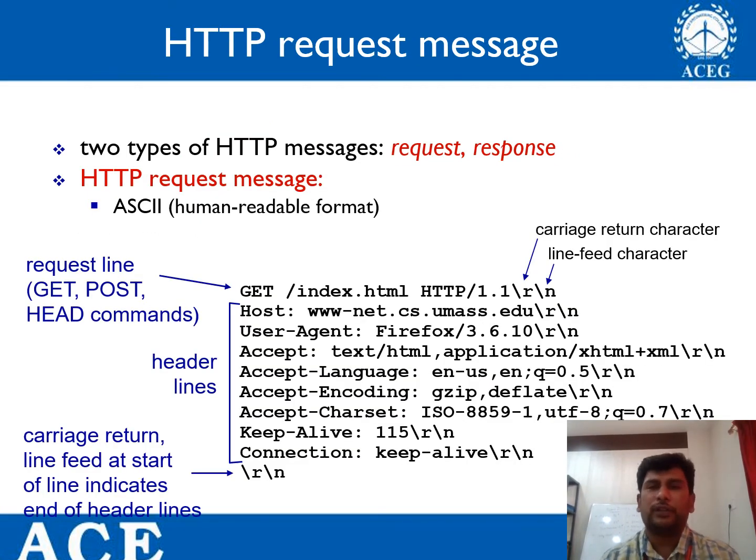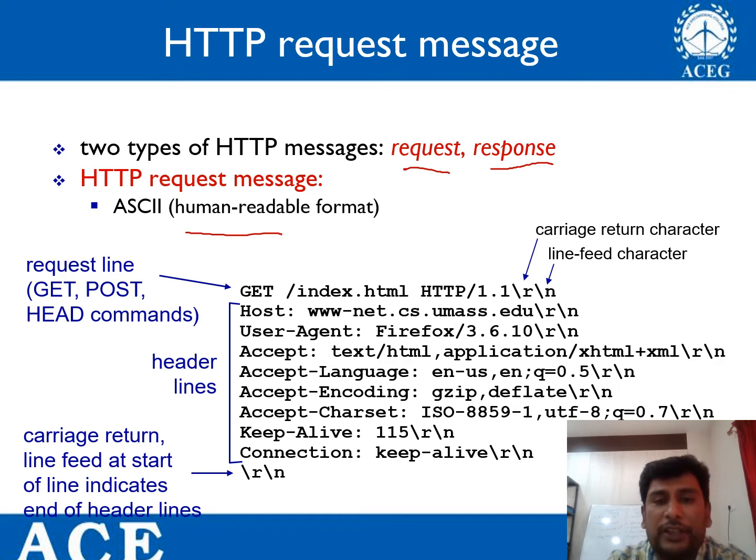Right. Now let us look at the format of the two types of HTTP messages. As already mentioned in the beginning, HTTP messages are categorized into two categories: HTTP request and HTTP response messages. So first, let's have a look at the HTTP request message and its format. Generally, the HTTP request is written in ASCII format so that a layman or a person with minimum computer knowledge can also understand the terms.